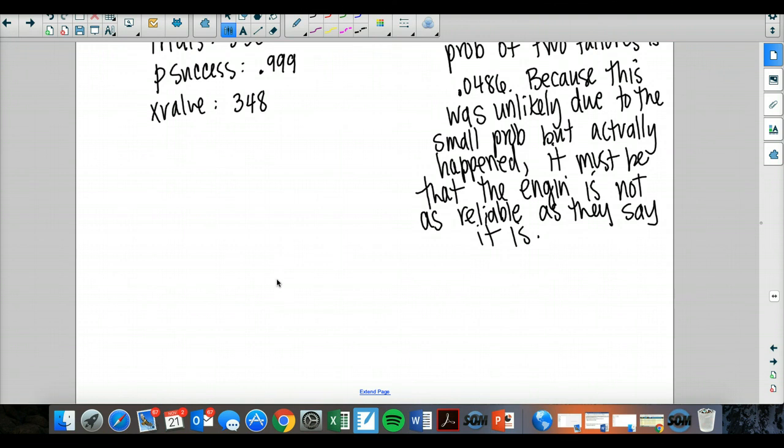But when something that's unlikely to happen happens, then we say, wow, something must not be right in the original calculations. That's what it means to be significant. When a number is small enough that it makes you look back and go, wow, maybe this isn't as fair or consistent as they're saying it is. When that happens, you have significant results.